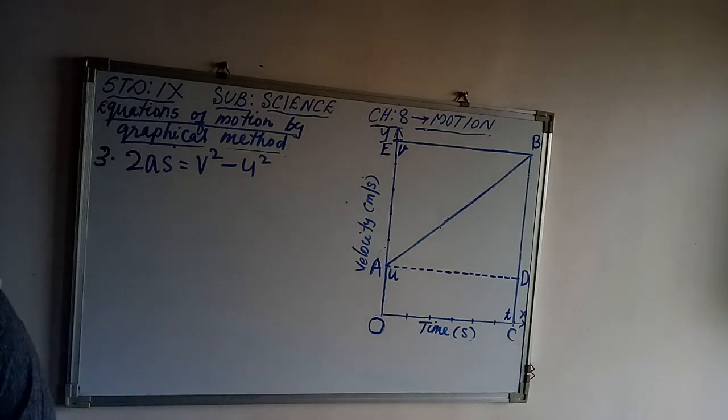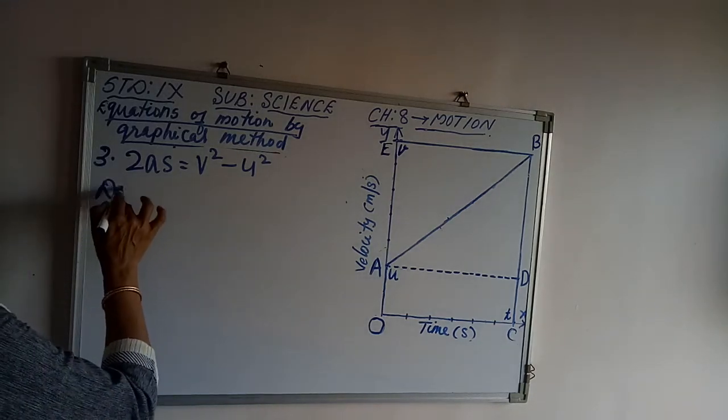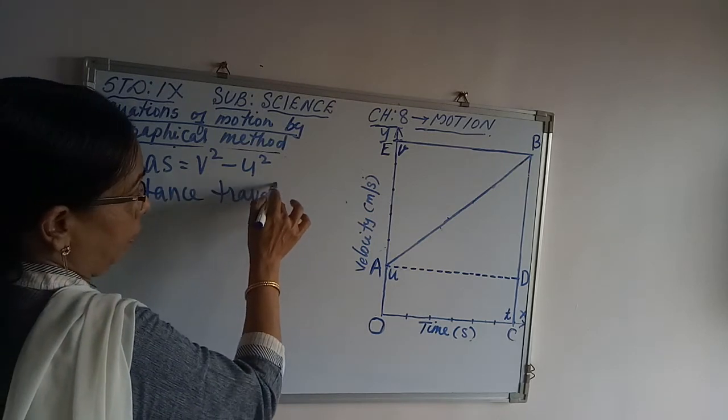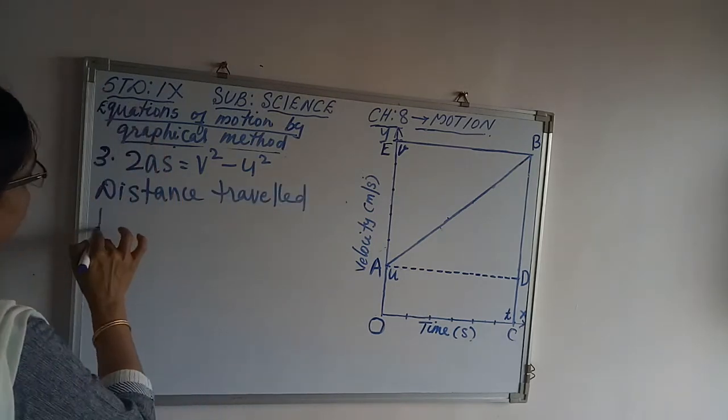In this, the distance traveled is equal to the area of the trapezium OABC, isn't it?